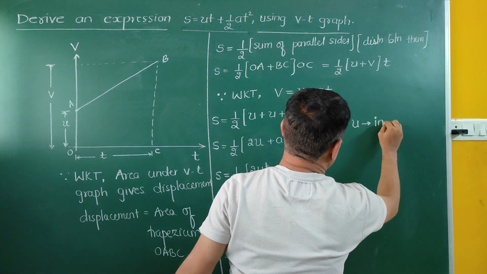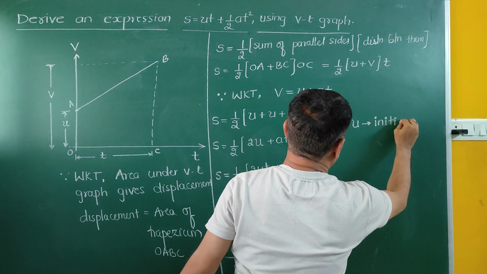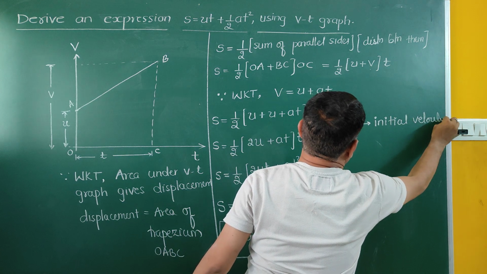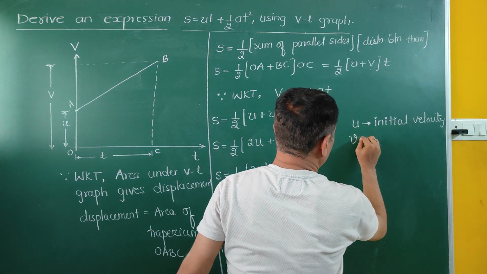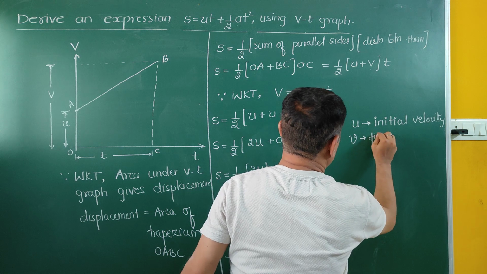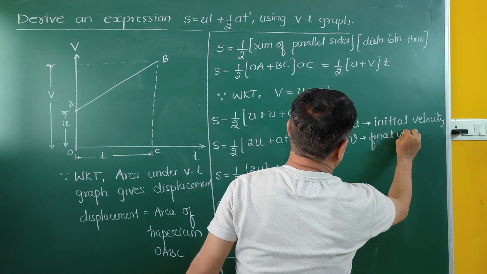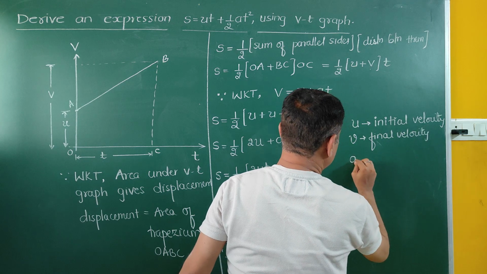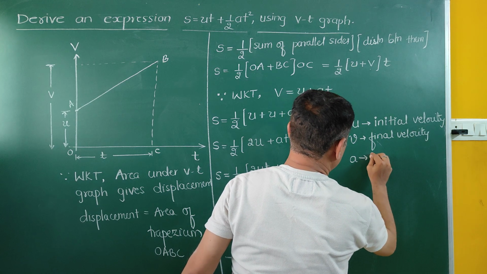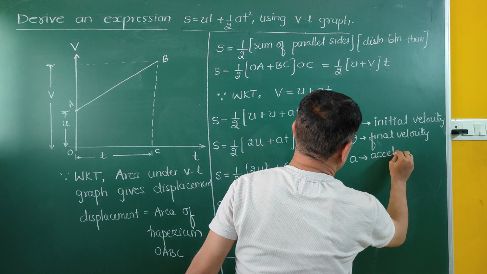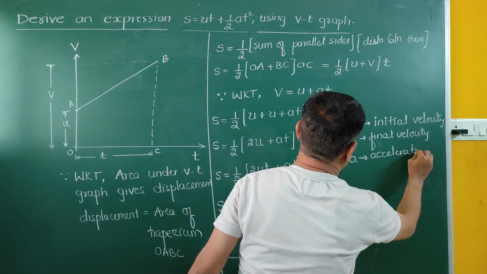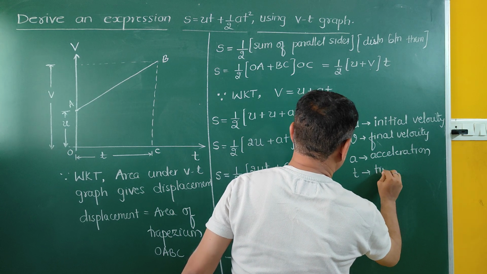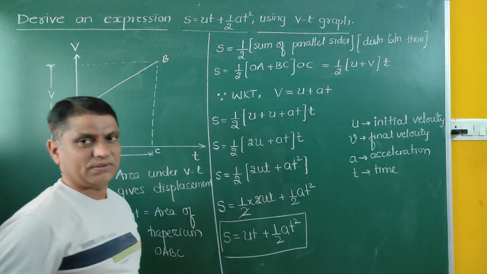Your explanation should be like this: U means initial velocity, V means final velocity, A means acceleration, and T means time. This is the explanation.